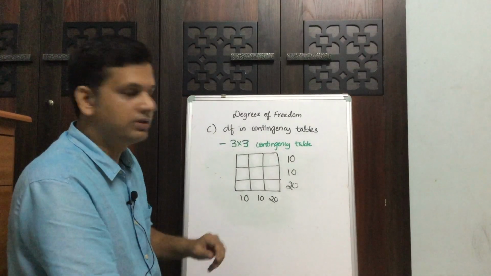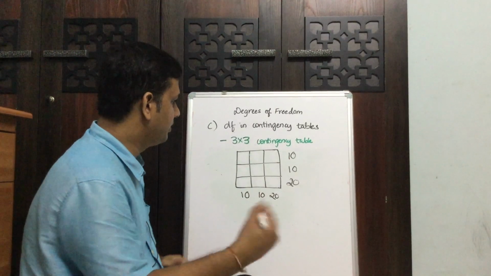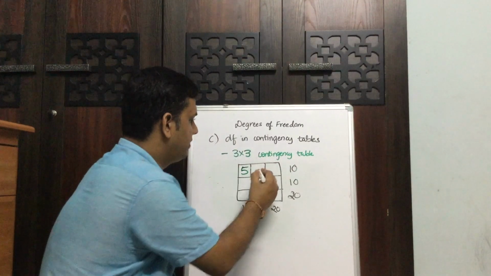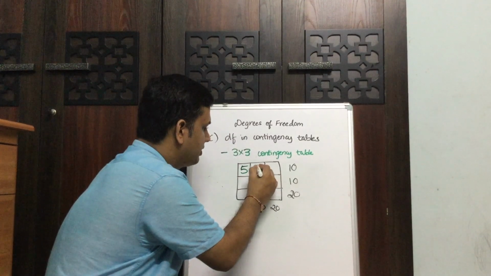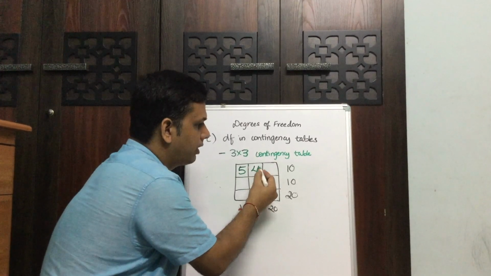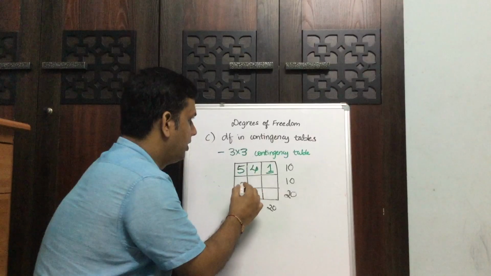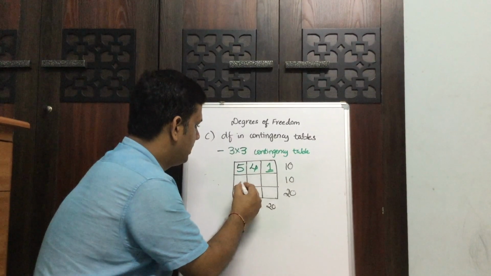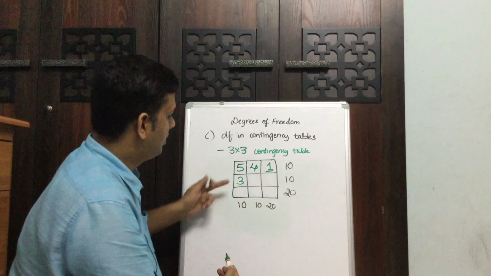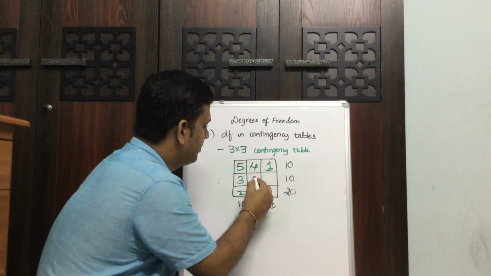Now let us take the example of a 3 by 3 contingency table. Row totals, column totals have been given. Suppose I fill this cell with 5, and I am free to fill this cell also. Let us say I fill this with 4, 5, 4, 9. So this I have to fill with 1. There is no degrees of freedom here. I am free to fill these cells also. These cells I can fill, let's say I am filling with 3. This I have to fill with 2. This I am again free to fill, right?